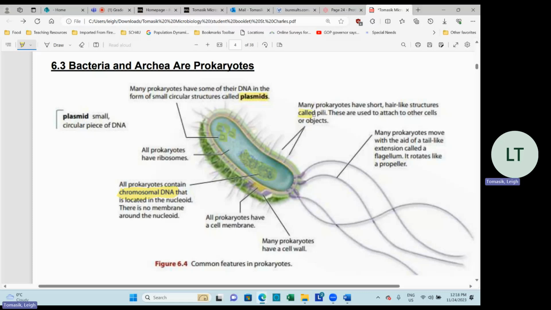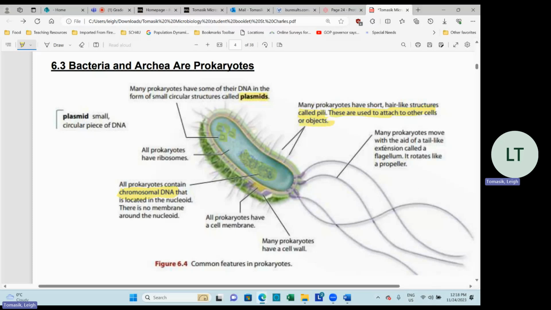They can move, and they also have pili. These pili allow them to attach to other cells or objects, and that's how they end up sharing the plasmids. They attach to one another, and the pili let them exchange this genetic information.